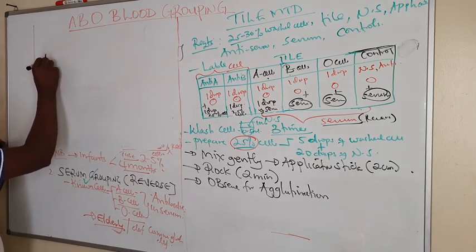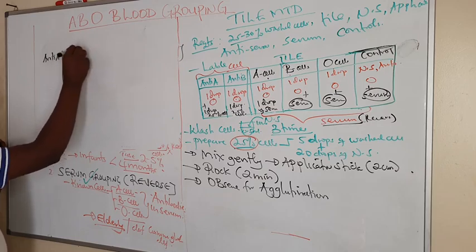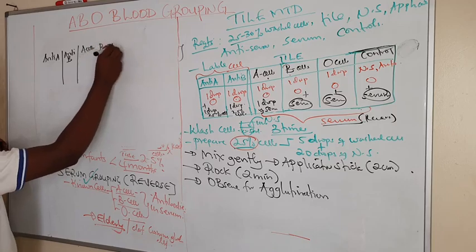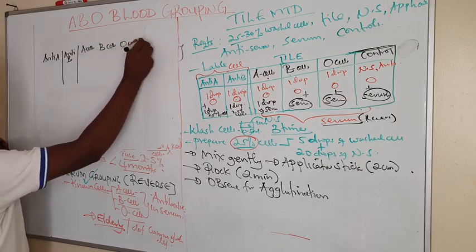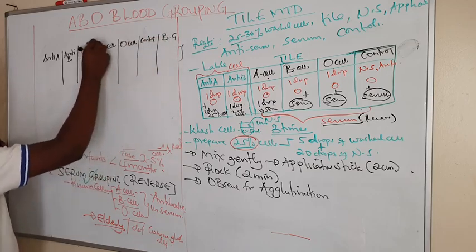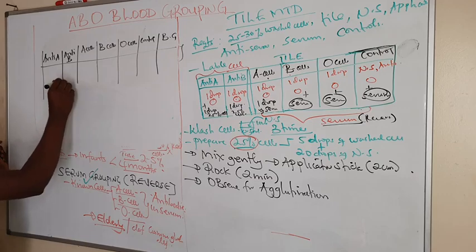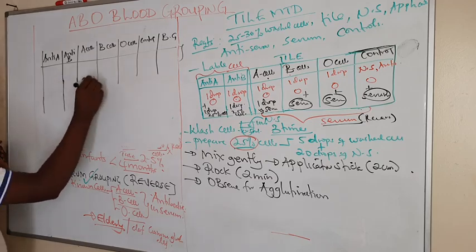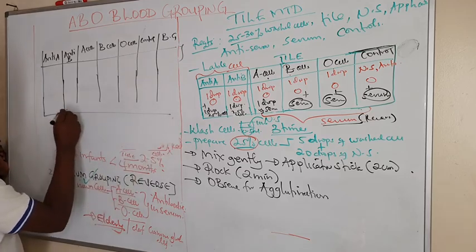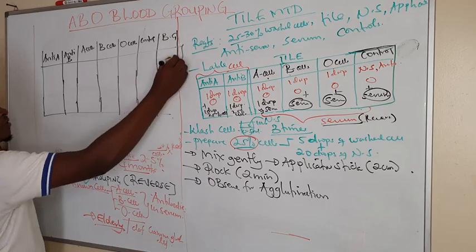So if we have here anti-A, then anti-B, then A cells, B cells, O cells, then control, then blood group. So that was our tile. I'm repeating the tile so that we can record the results.